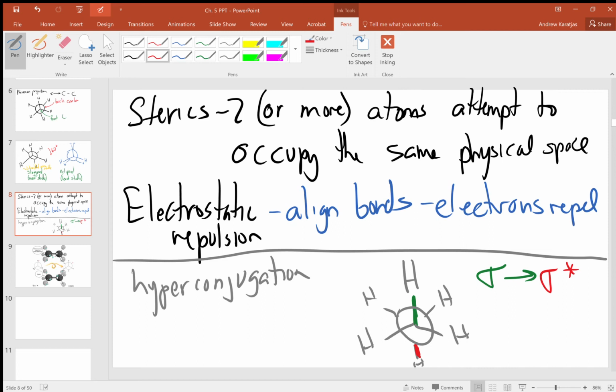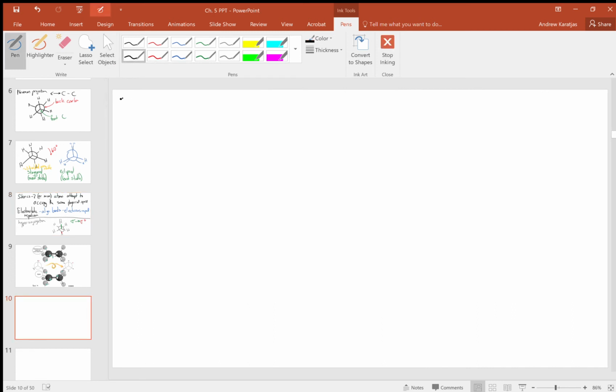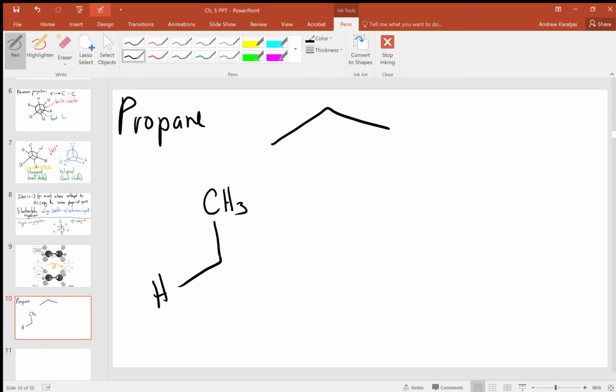But start to look at how those staggered and eclipsed conformations look. So it ends up being very, very similar to ethane. The difference is we have a methyl group in one spot instead of a hydrogen.